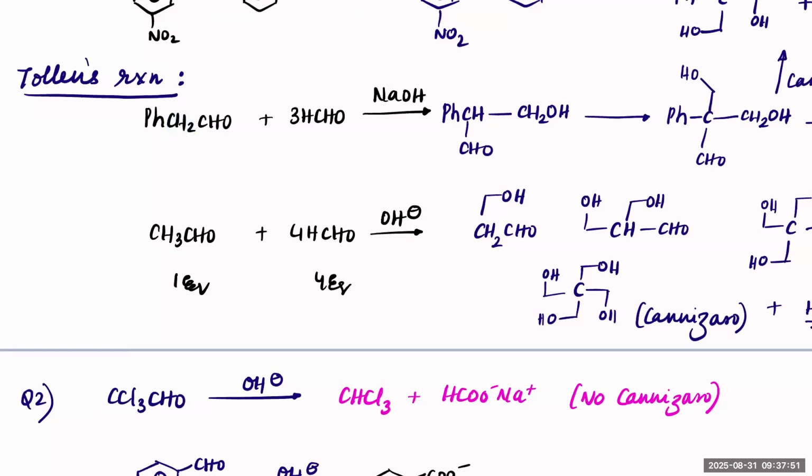If there is an alpha hydrogen, definitely it will favor aldol first. And because it will favor aldol first, this CH2 minus will attack here. Correct. Right. So 1 mole of this will convert into an aldehyde. This is the first aldol product.